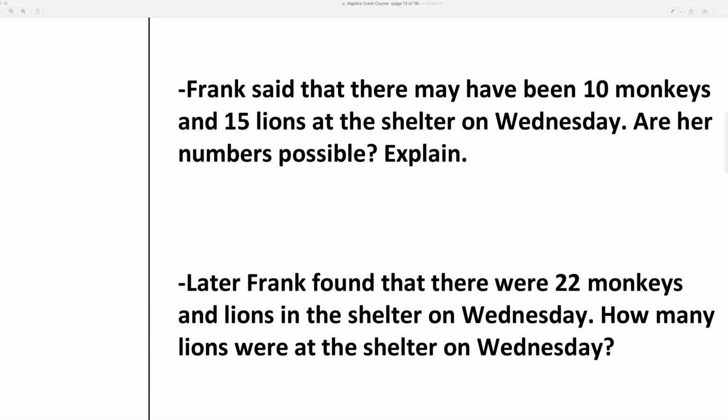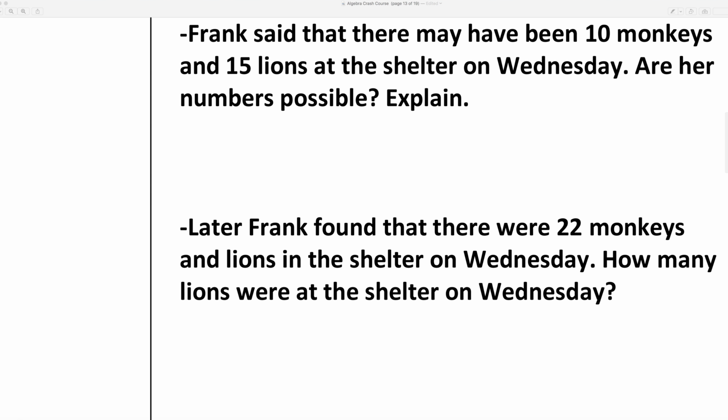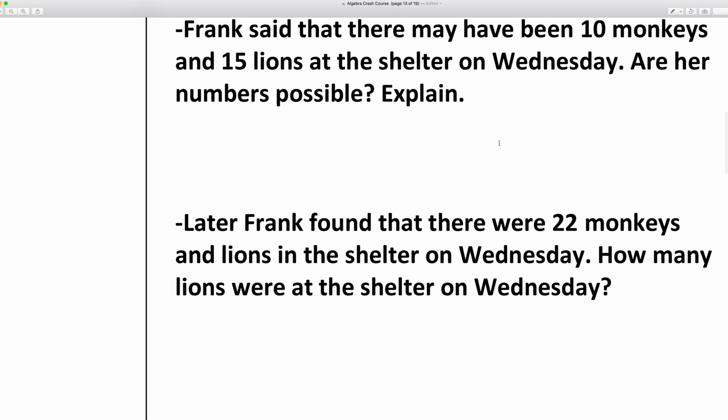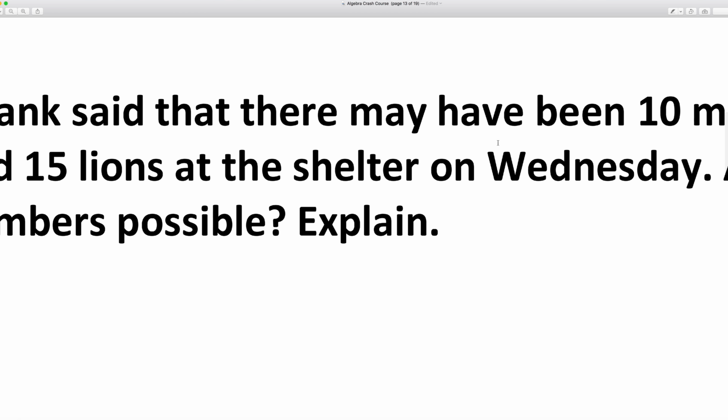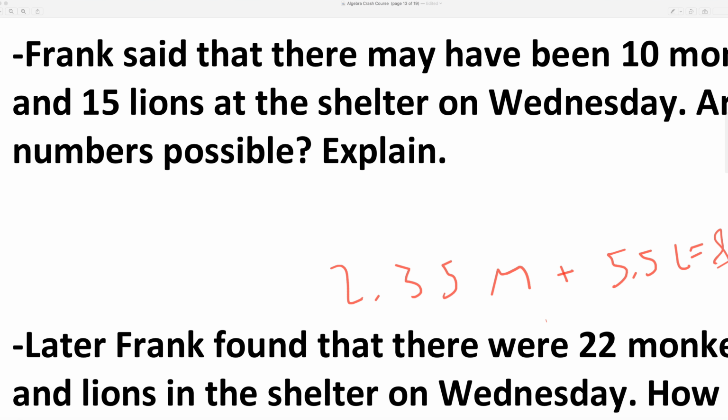Now question 2 says, Frank says there may have been 10 monkeys and 15 lions. Would that work?